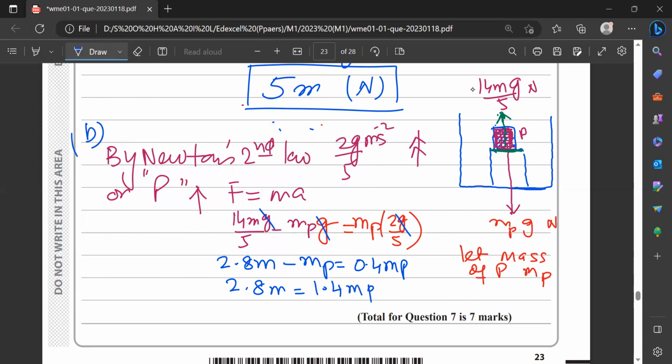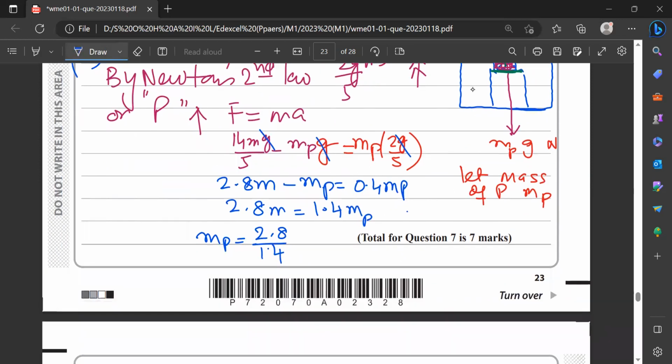So the mass of P is 2.8 over 1.4, so mp is equal to 2m. Find in terms of m the mass of P. So P mass is 2m.